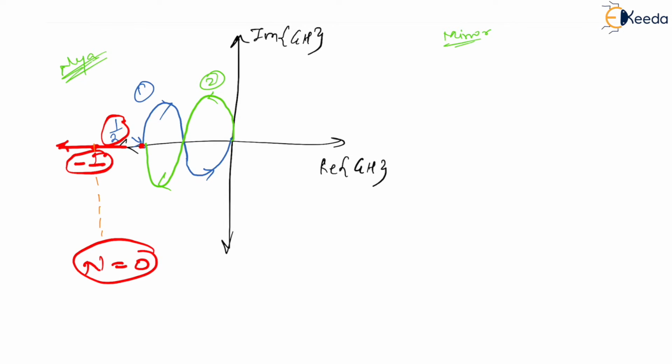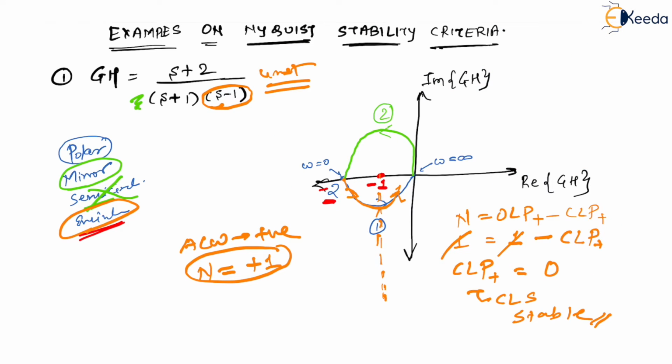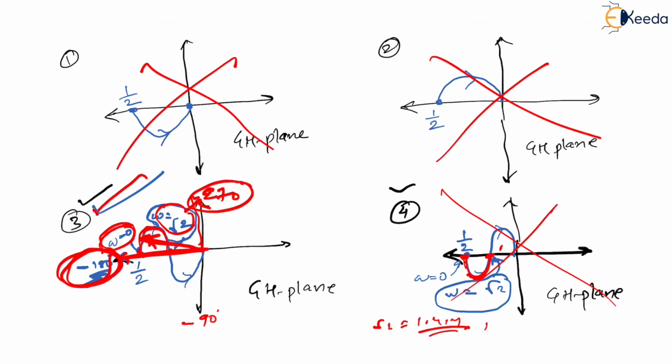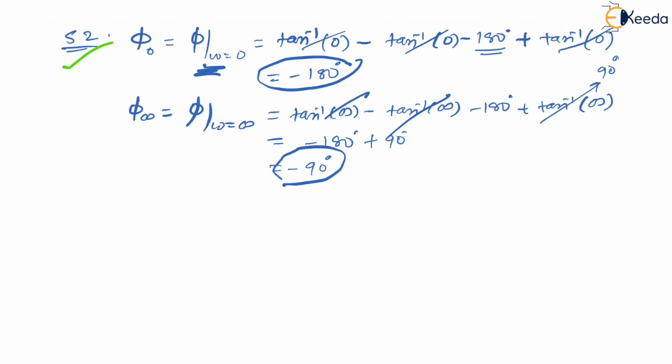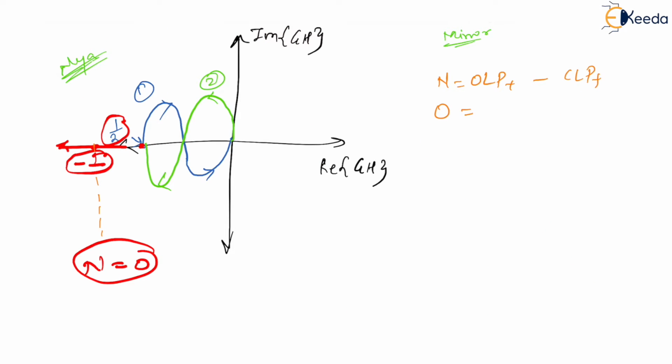So now if I just replace this in our criteria, what is that? N is equal to OLP plus minus CLP plus, and N is 0. How much is OLP plus? If you see, you are having one pole on the right half of the S plane, and this is the open loop transfer function, right? Which means OLP plus is 1. What is CLP? Minus CLP plus.